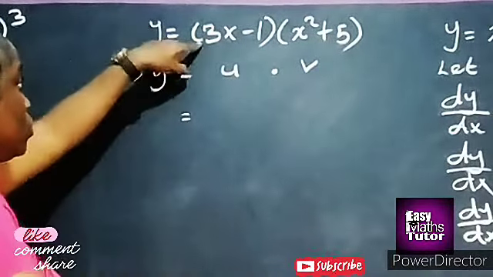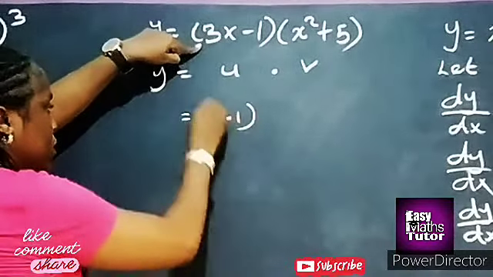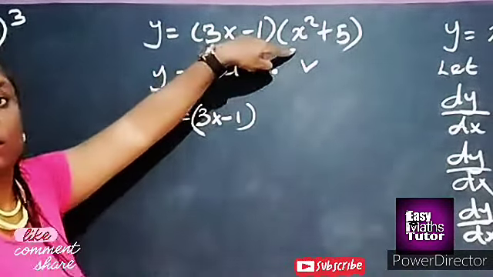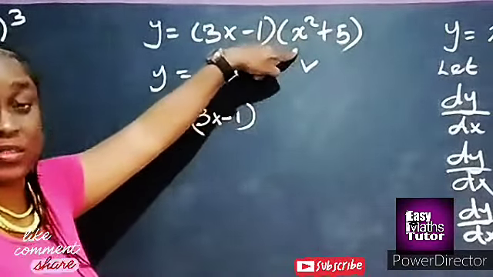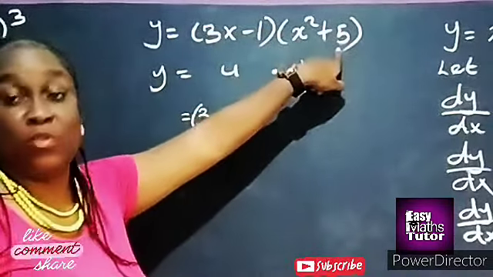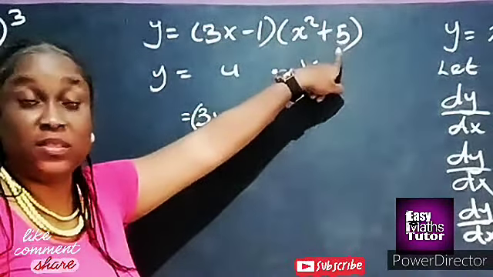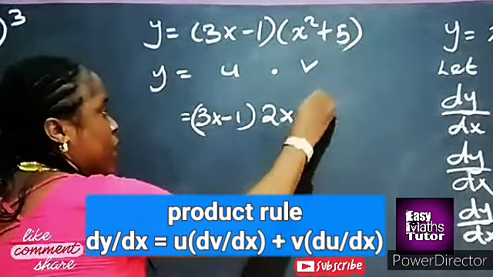So we'll say u, which is 3x minus 1, times dv, the differential of x squared plus 5, will give us what? Will give us 2x, right? Remember, 5 will be 0 when it's differentiated because it's a constant. So we have 2x, right?